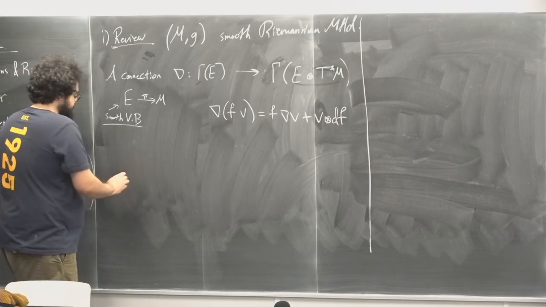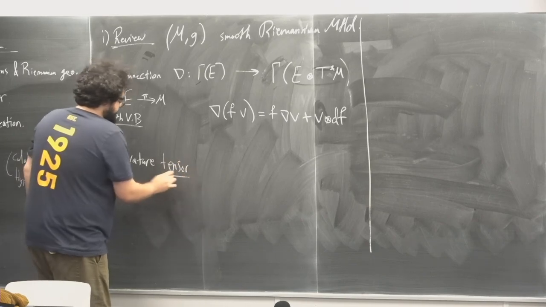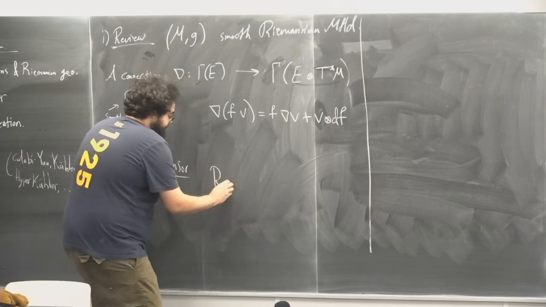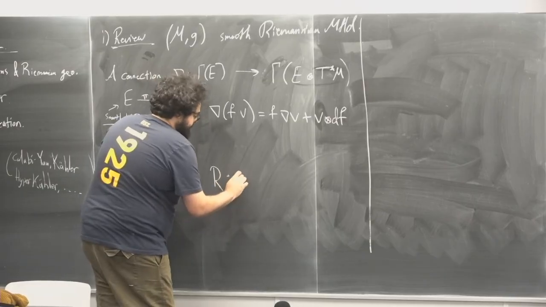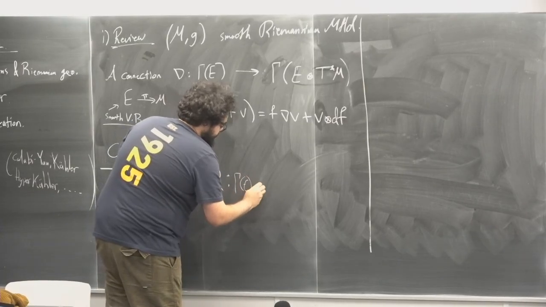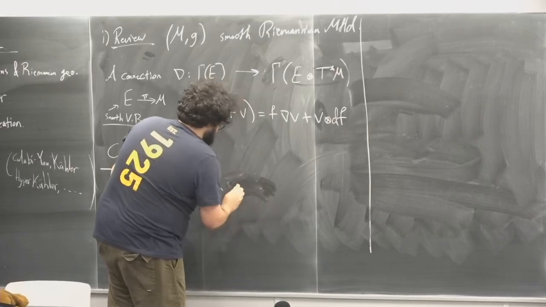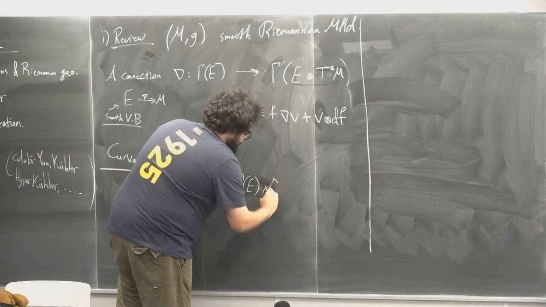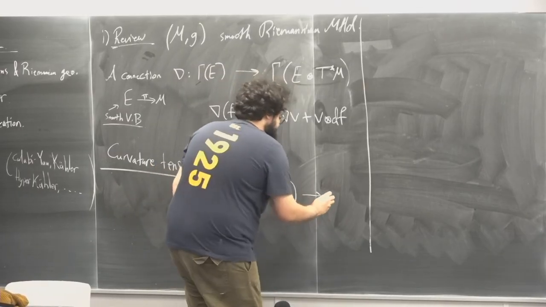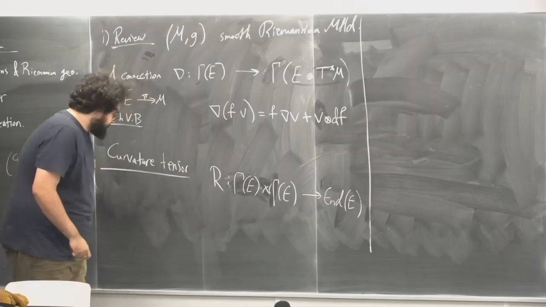But we also have what's called the curvature tensor, R, which takes two sections of your E into an endomorphism of E. Can you guys see down here?